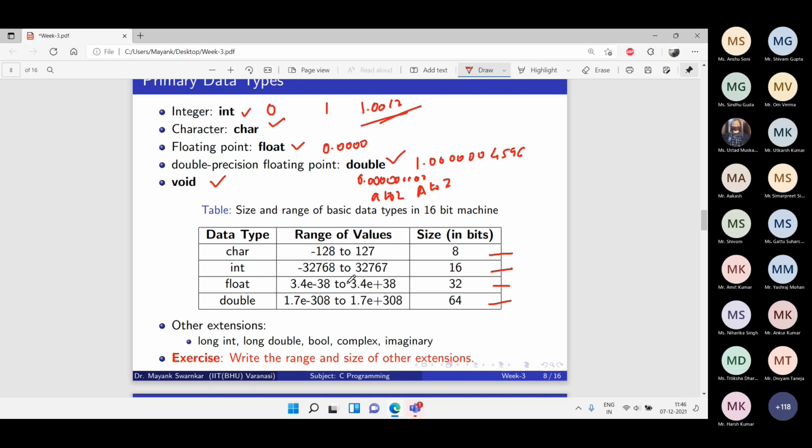Can you explain the difference between float and double? Only the range, only the precision. Float precision is half of double. It means after the dot, how many values do you want to take? Like 0, 0, 0, 0, 1. Like if you take so many 0s and in the end there is 1. But if you define as float, it will take 0 because it is not so much precision.